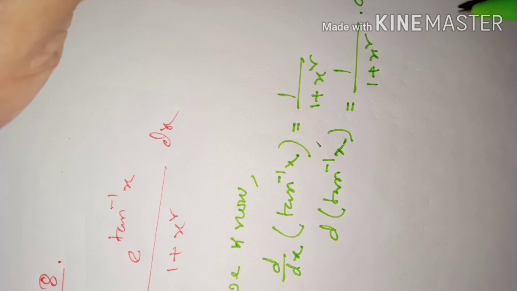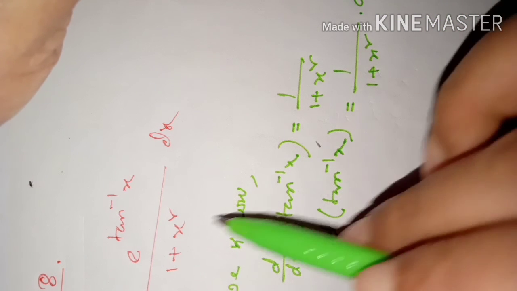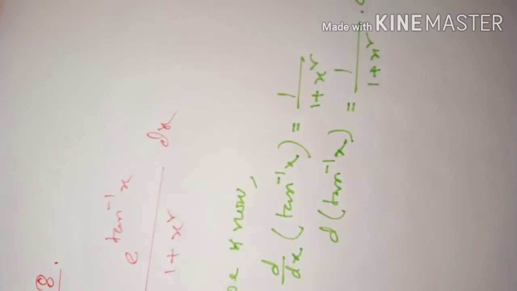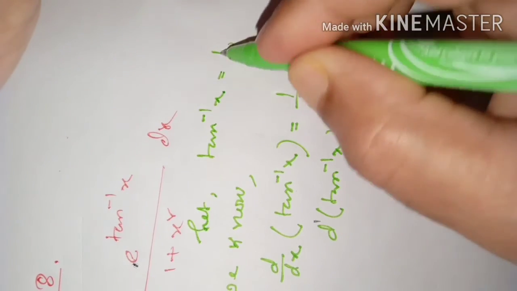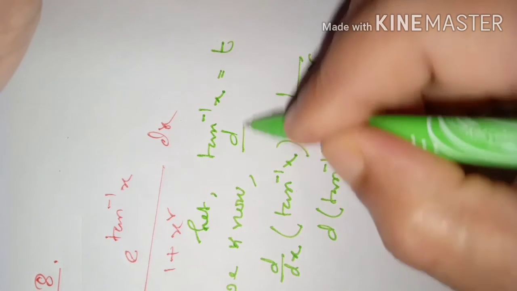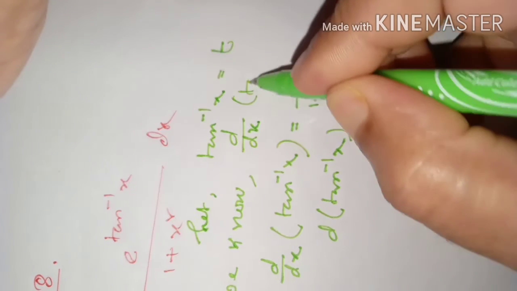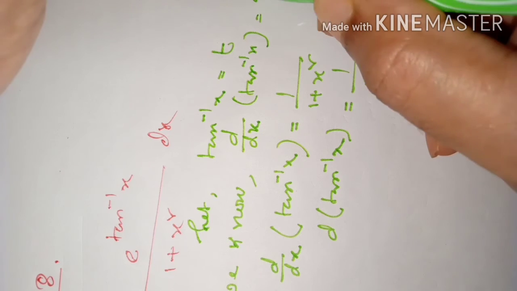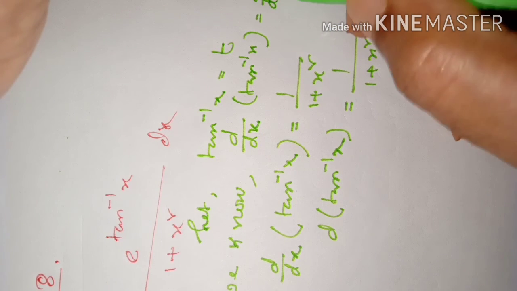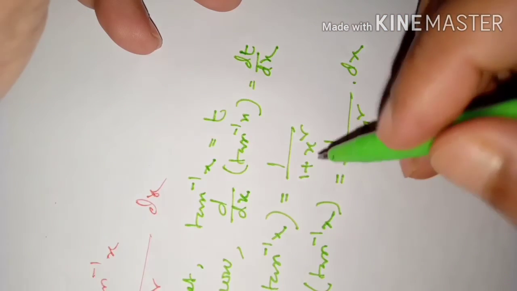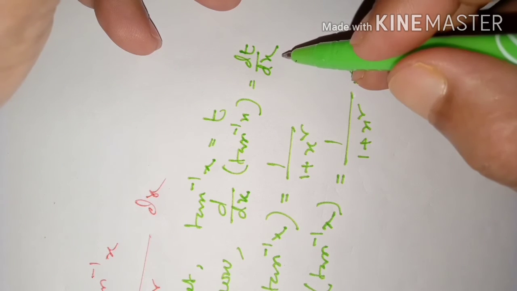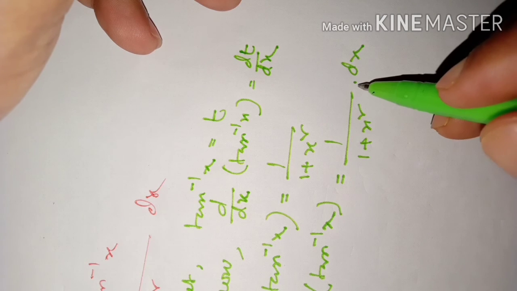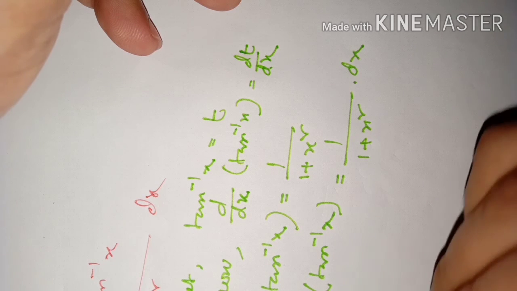Now if we consider tan inverse x as t, then d by dx of tan inverse x is equal to dt by dx. And its derivative is 1 by 1 plus x square. So 1 by 1 plus x square equals dt by dx. So 1 by 1 plus x square into dx is equal to dt. This can be considered as dt.